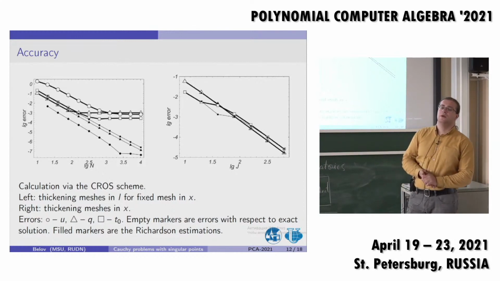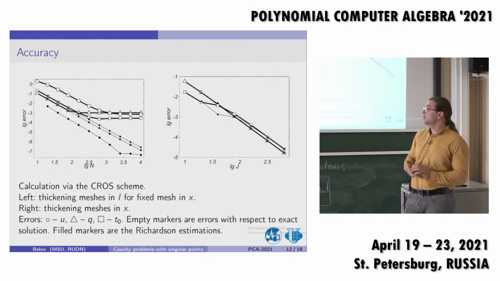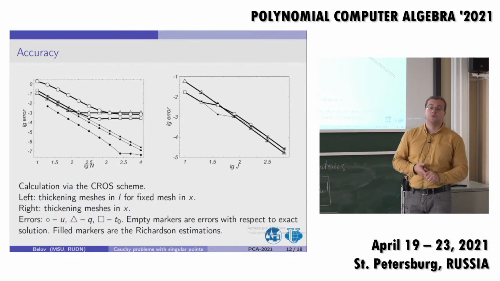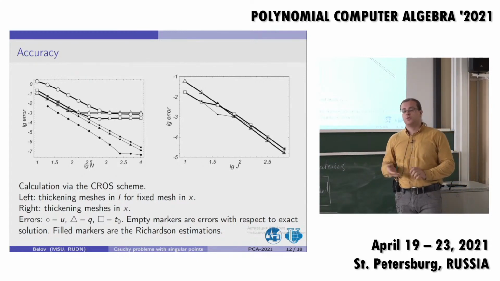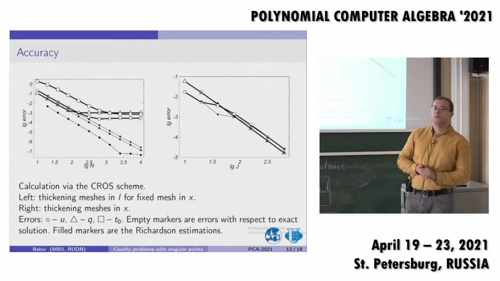Here are errors of the singularity parameters T0 and Q for thickening of meshes in x. You can see that the error decreases according to the second order of accuracy, which corresponds to the way we introduced the spatial finite difference scheme. If we perform further mesh thickening, we can obtain errors up to the round-off background.